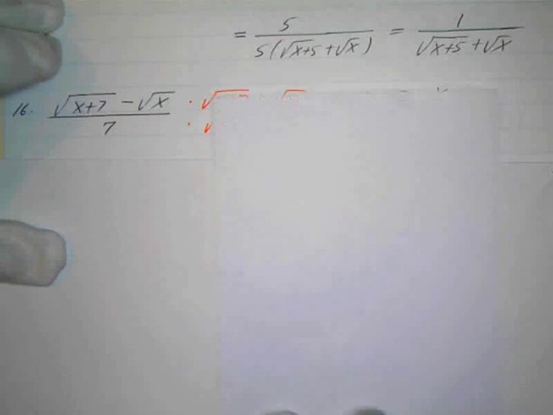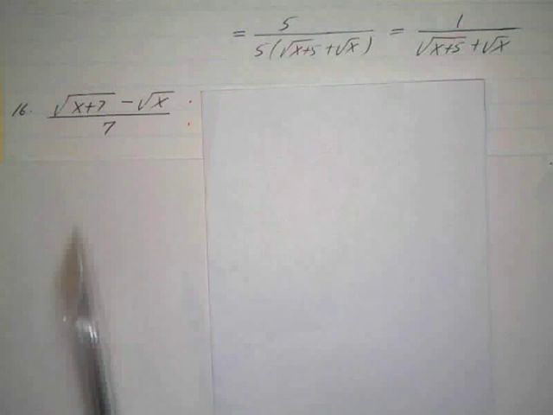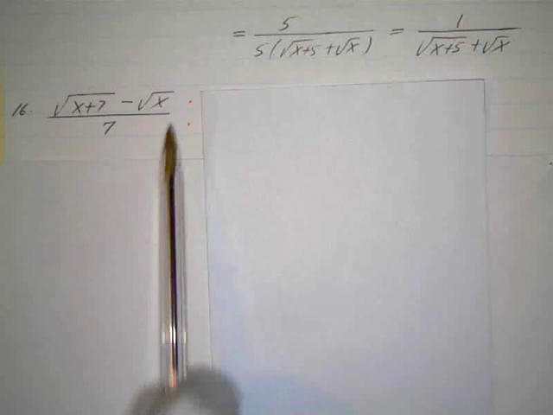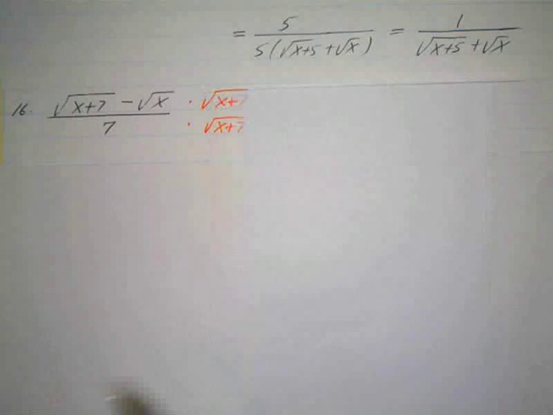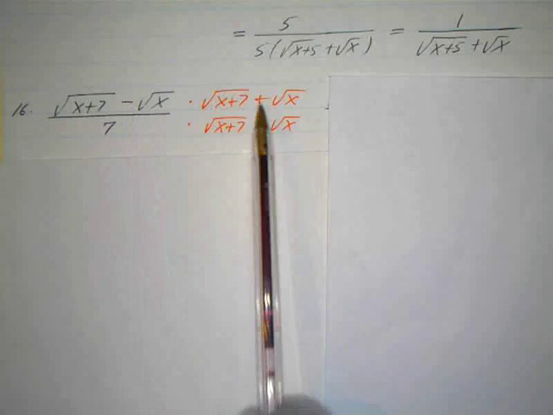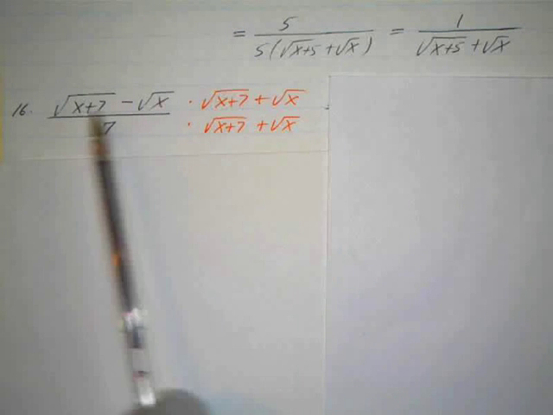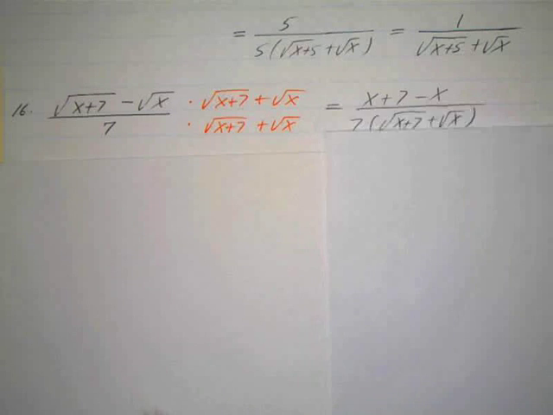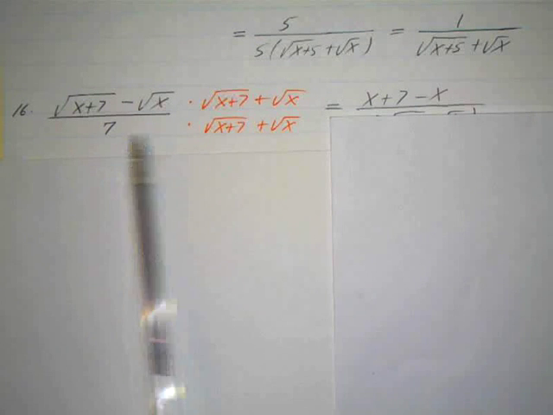Number 16 was another rationalize the numerator. So again, we had the square root of x plus 7 minus the square root of x over 7, so I just multiply the top and the bottom by the conjugate of that. So instead of negative, we got positive. And then when we square those, we get x plus 7 minus x. And on the bottom, we just have 7 times that.